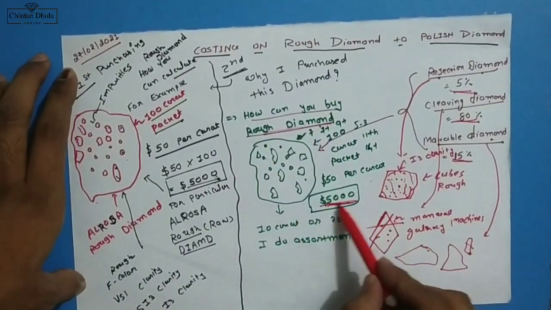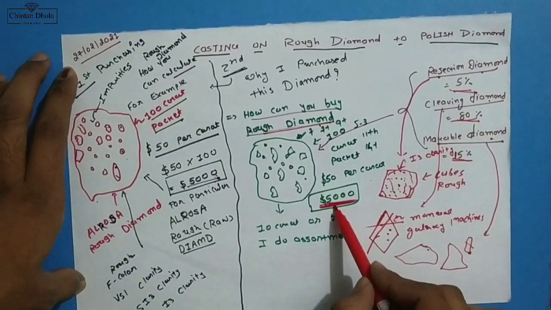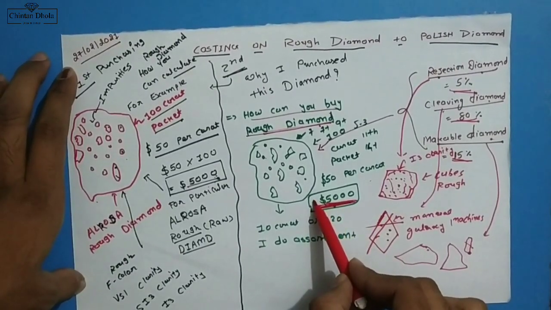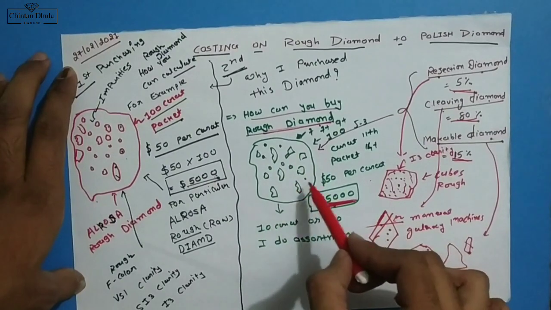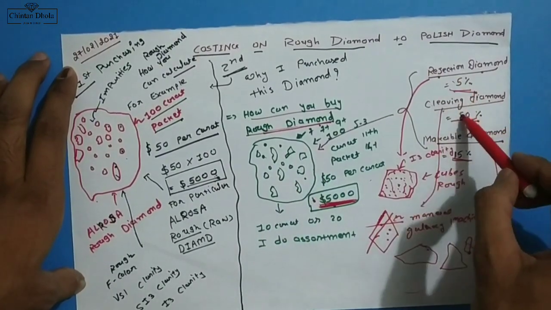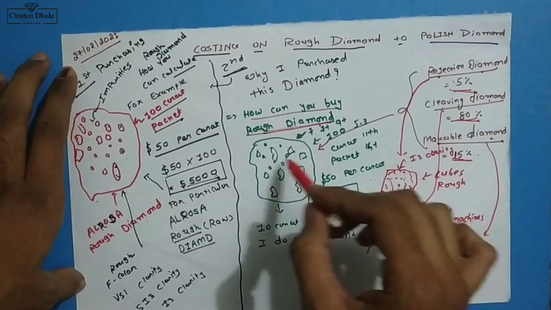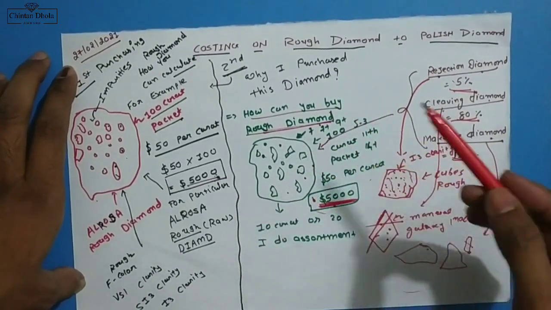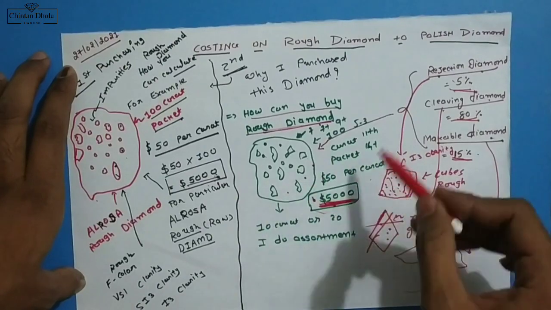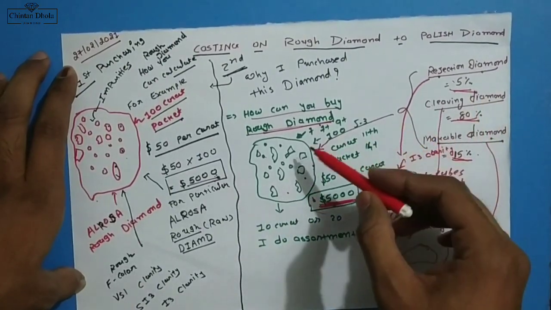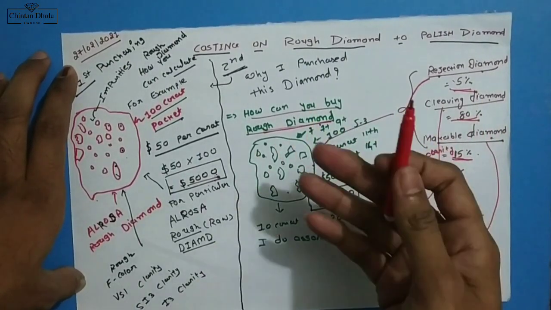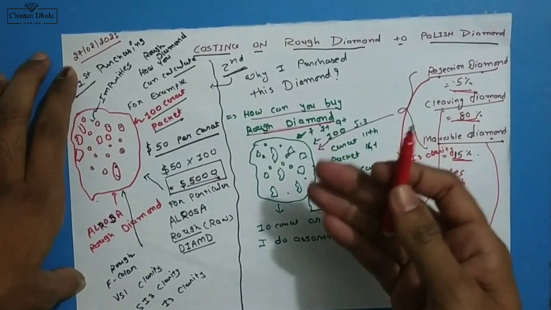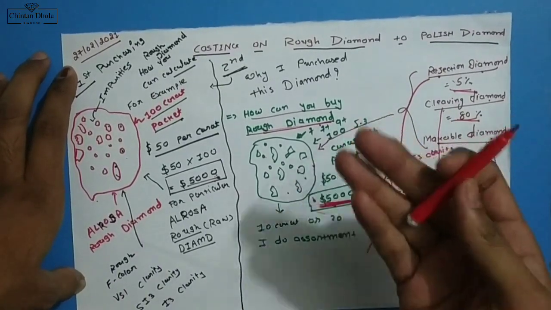I put $5,000 for this particular rough diamond because I get this percentage ratio from it, so I need to buy it. And after that I do different types of process on each and every diamond, and then I have to put so many rupees or so many dollars on it also.